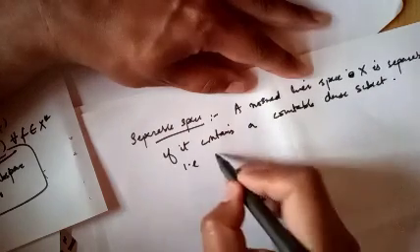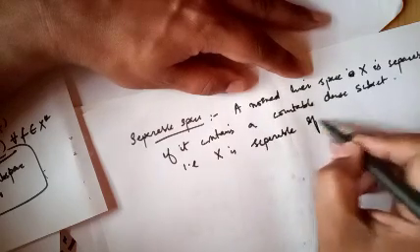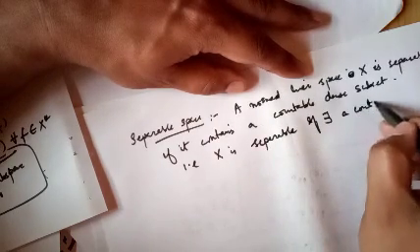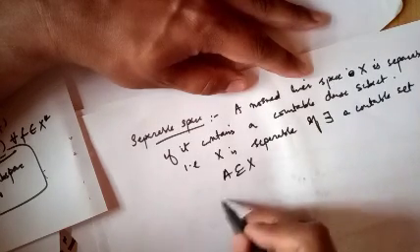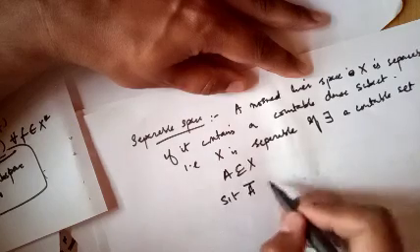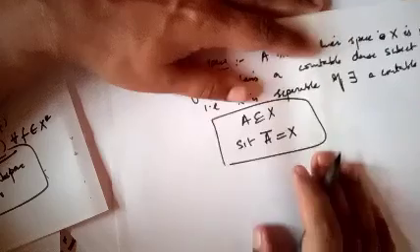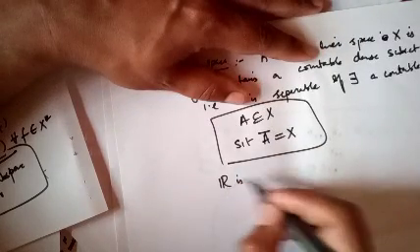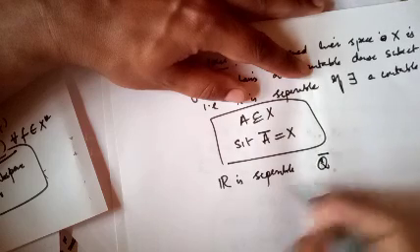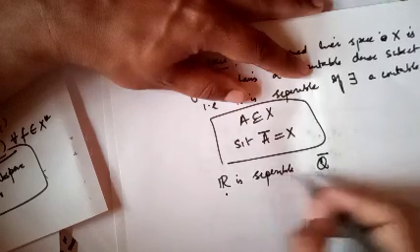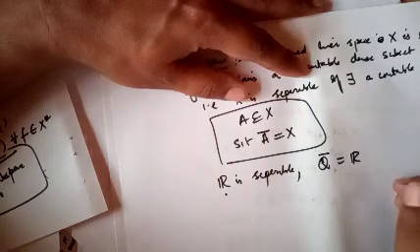That is, X is separable if there exists a countable set A contained in X such that the closure of A is equal to X. For example, R is indeed separable because the closure of Q is equal to R, and the rational numbers are countable.